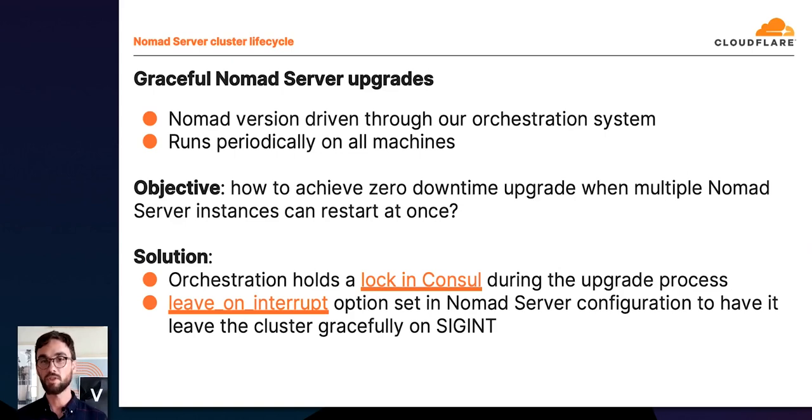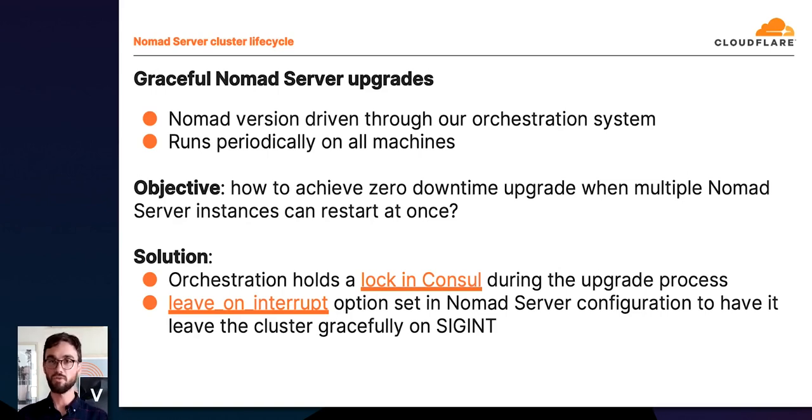So as I said, we drive the Nomad deployment using our orchestration framework, which is Salt, and it runs periodically on all machines. But because we have physical machines, it's not as if we could spin up a new VM with a new version of Nomad server running on top of it and then stop the old VMs.